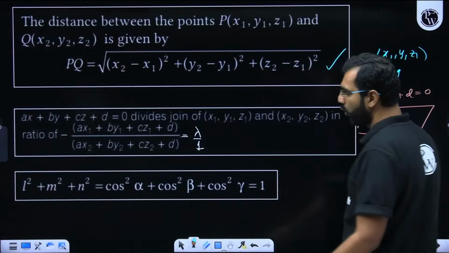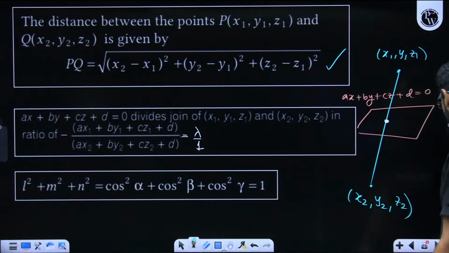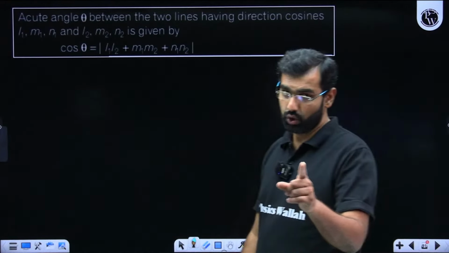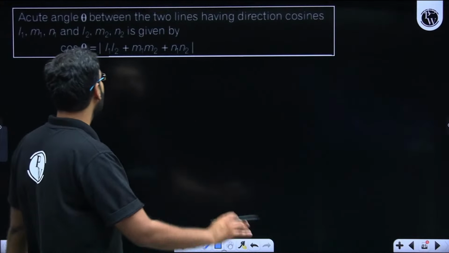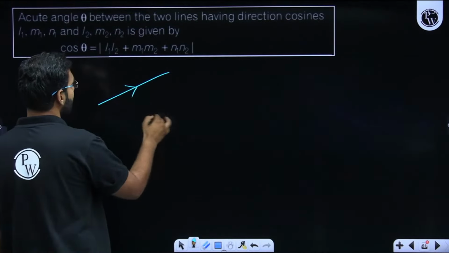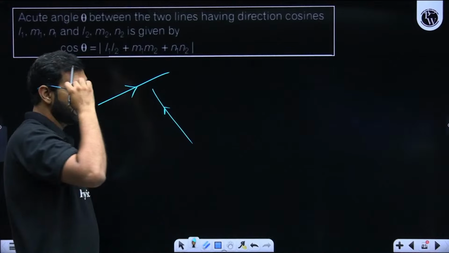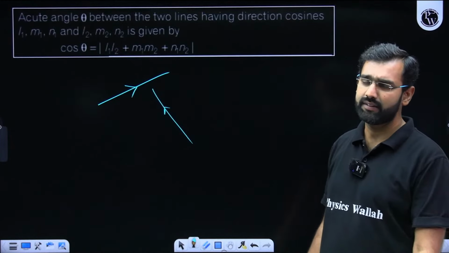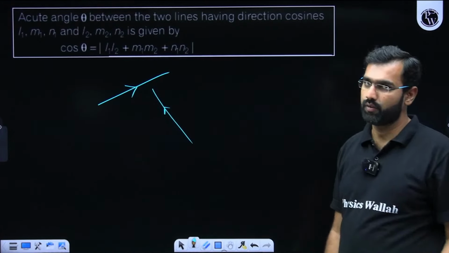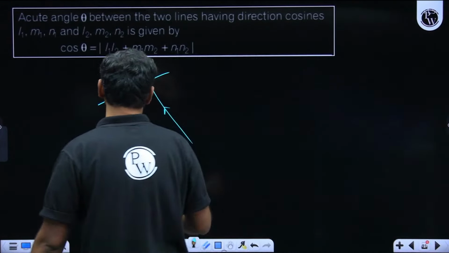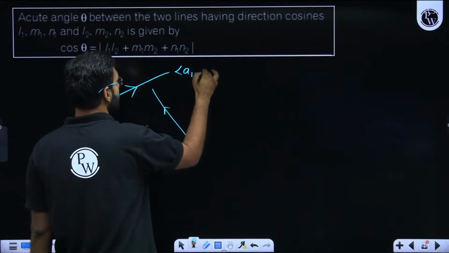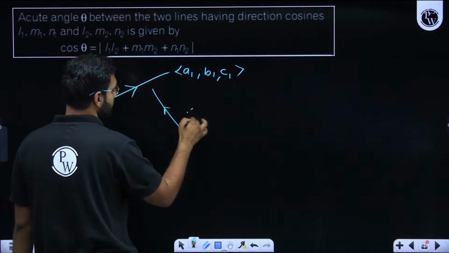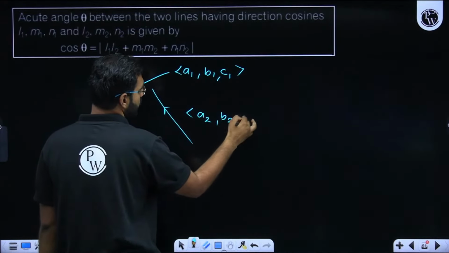From here, I hope we know that this is something very easy. Now moving ahead, if direction cosines are given, let's say one vector has direction cosines L1, M1, N1, second vector has direction cosines L2, M2, N2. Sir, how do we verify that they are the direction cosines? The sum of their squares will be 1. What if they are not the direction cosines? Then also it is fine. Let's say these have A1, B1, C1 and A2, B2, C2.